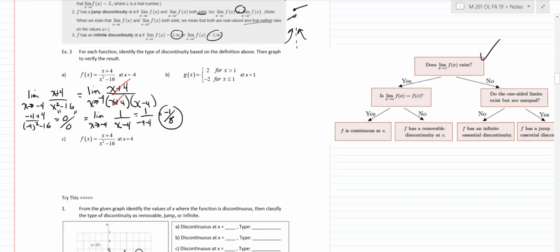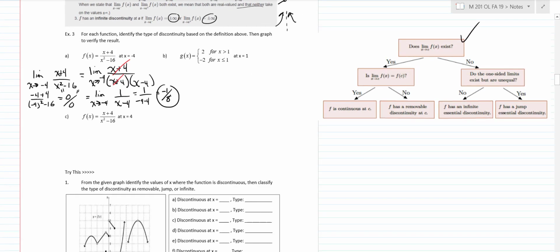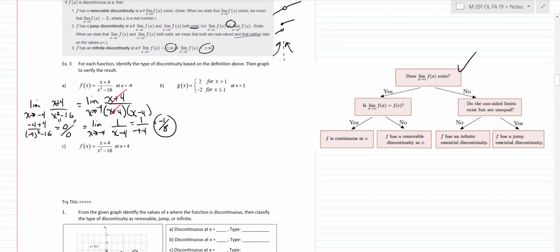Okay, so the function value, so what happens on this then is the limit does exist as x approaches a. Now, what's the value of the function? So you also have to look at, well, what is f of negative 4? If we do f of negative 4, we got something that's undefined. We already did that, so we got 0 over 0.